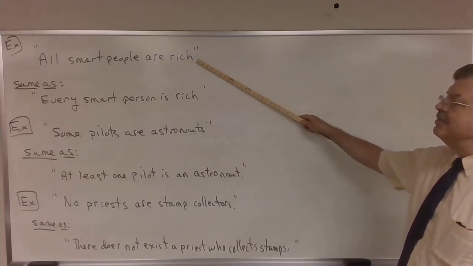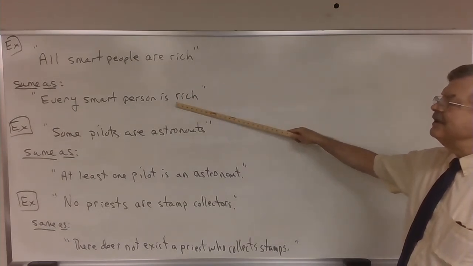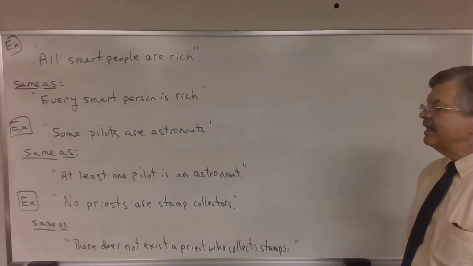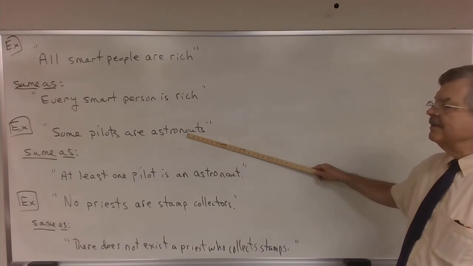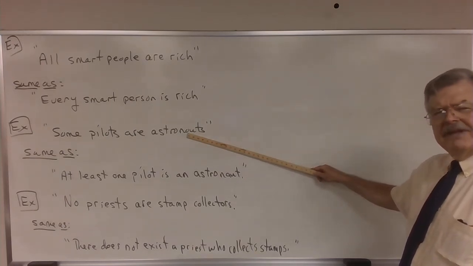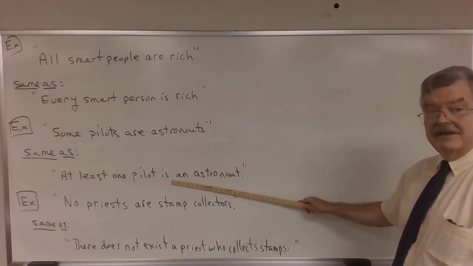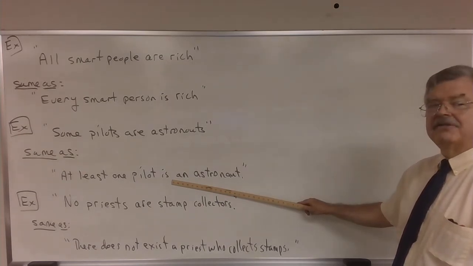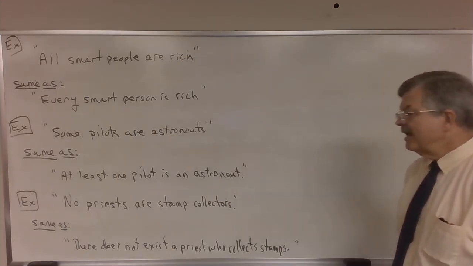All smart people are rich. That means the same thing as every smart person is rich. Here's one that's not quite as obvious. Some pilots are astronauts. That's exactly the same thing as saying at least one pilot is an astronaut. If at least one pilot is an astronaut, then we can say some pilots are astronauts.